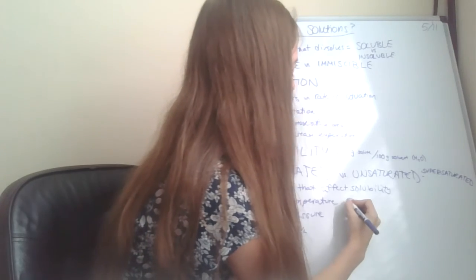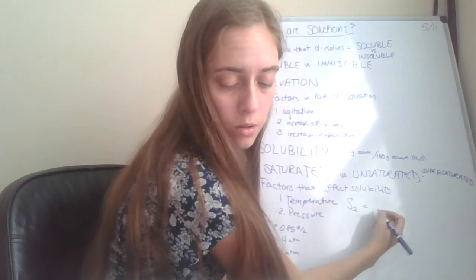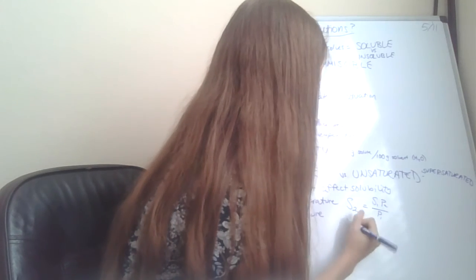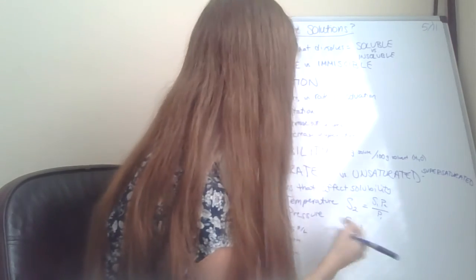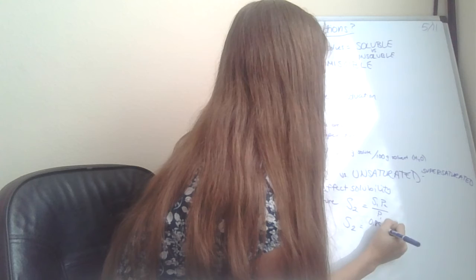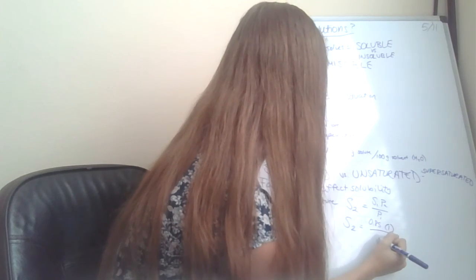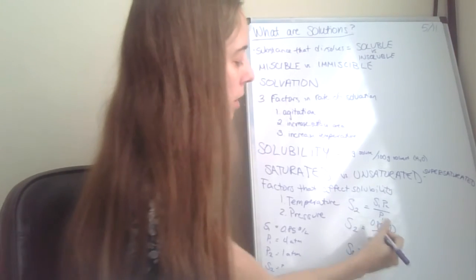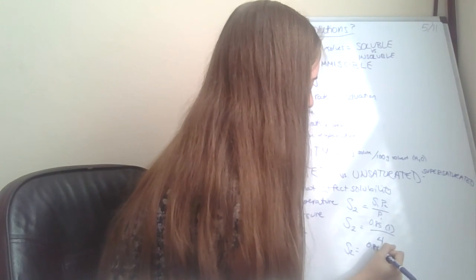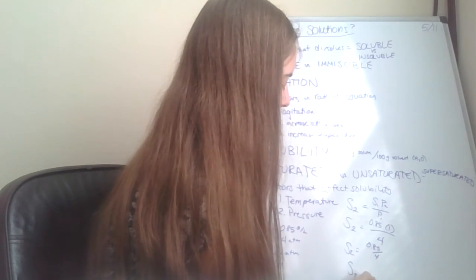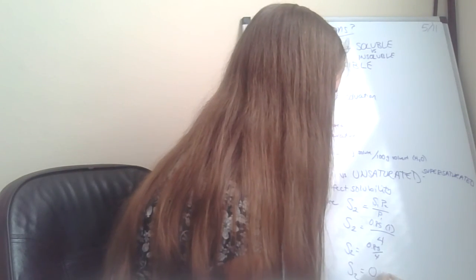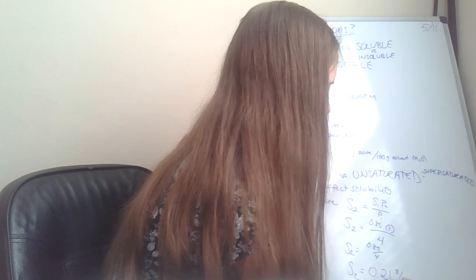Let's say we have S2 equals S1 P2 over P1. So S2 equals, we plug it in, S1 is 0.85 times P2 is 1 over P1 is 4. We solve that out. 0.85 times 1 is 0.85. 0.85 divided by 4 is 0.21 grams per liter.